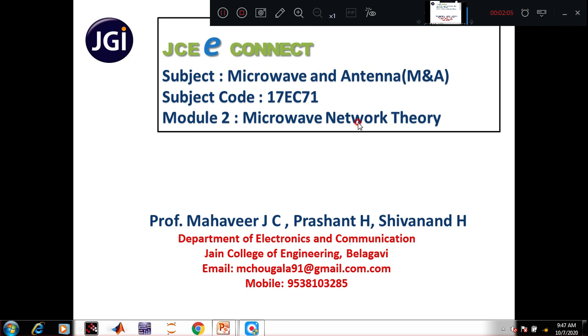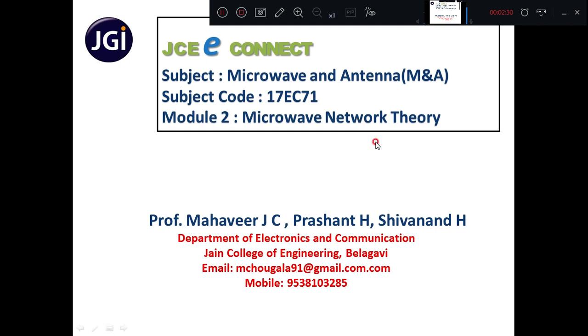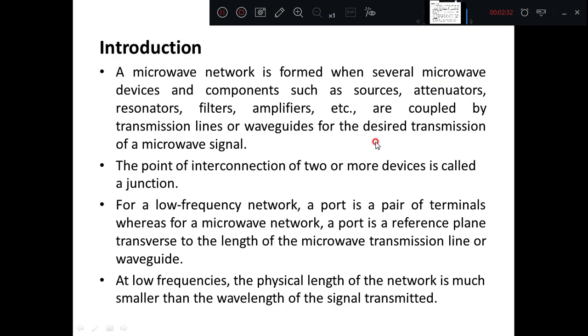When you connect these microwave components together, we form a microwave network. We also come across a term known as a microwave junction. Basically, a junction is a point where multiple microwave components get connected. This is all we are going to discuss in this chapter.